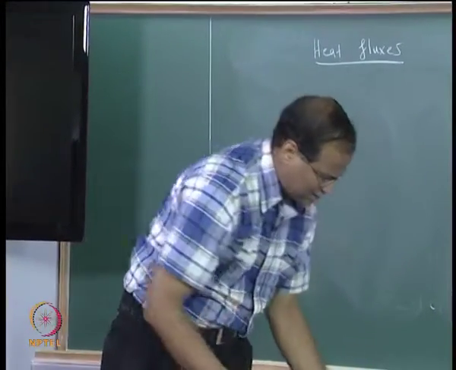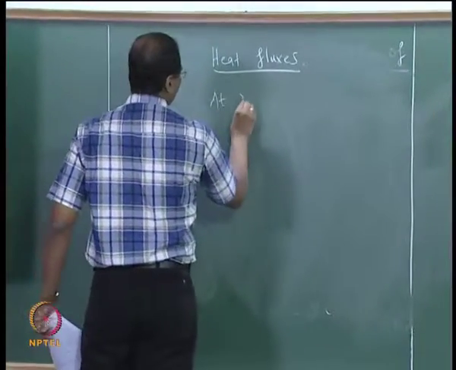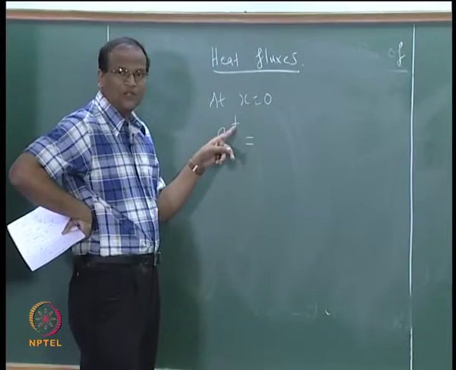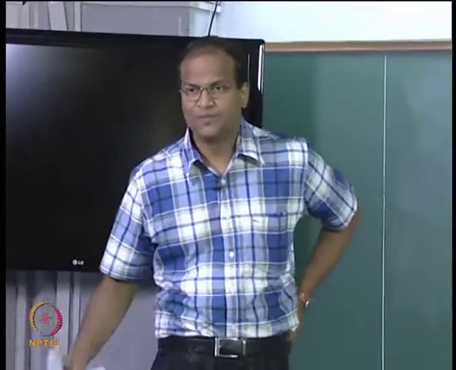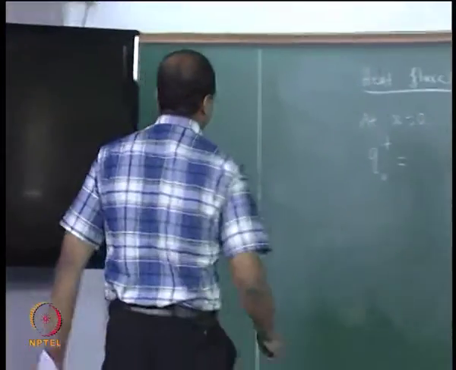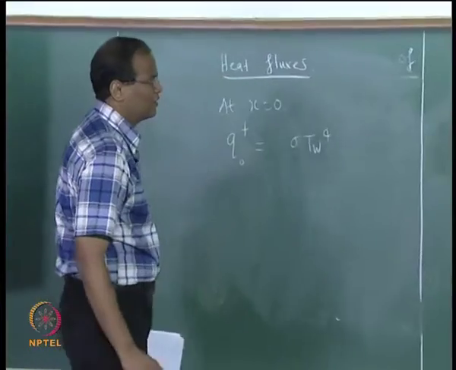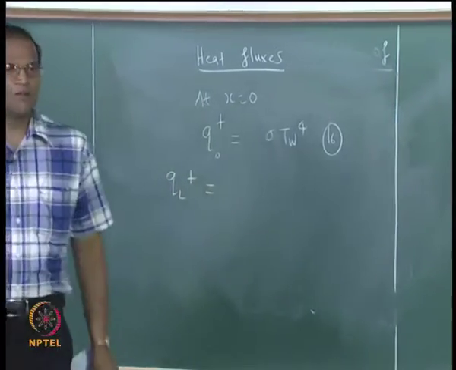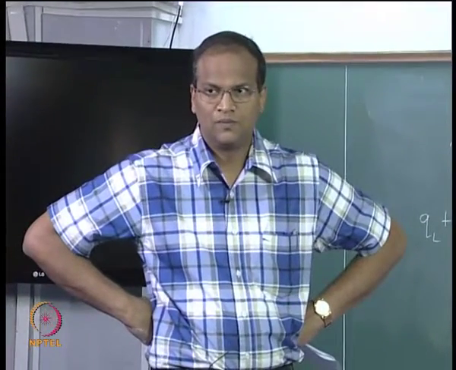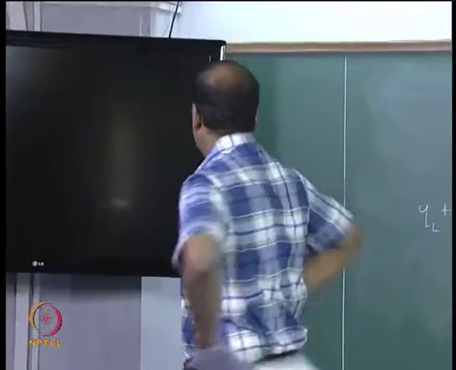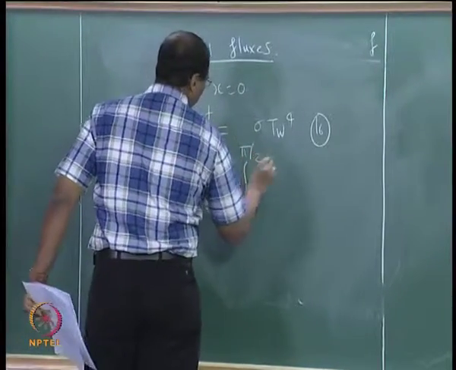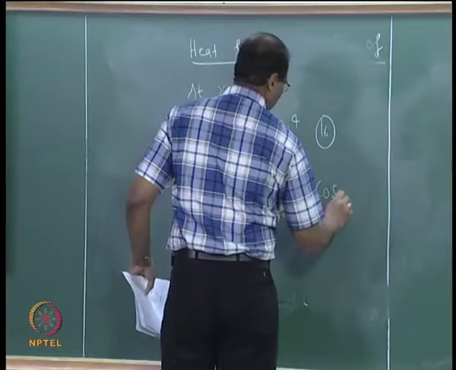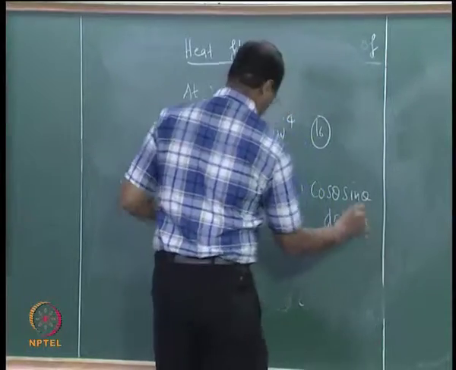Now if you have to write the heat flux at x equal to 0, which is going in the positive direction of x, it is given by sigma Tw to the power of 4, no problem. QL plus will be IL plus.